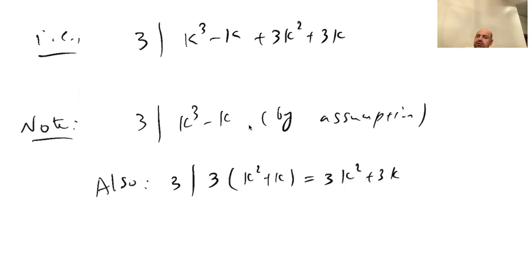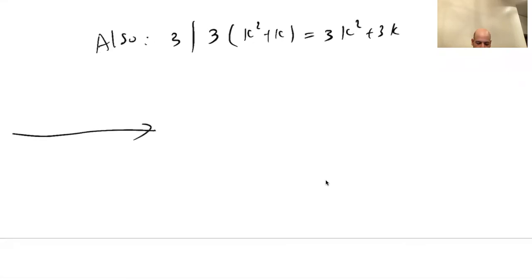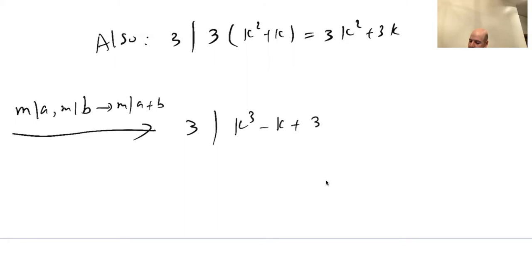So if 3 divides this number and 3 divides this number, then I can say 3 divides the addition of those two numbers. This is a property that we saw in chapter 4, that if, let's say, m divides a and m divides b, then m, of course, divides the addition of a and b as well. So that means 3 divides k cubed minus k plus 3k squared plus 3k.